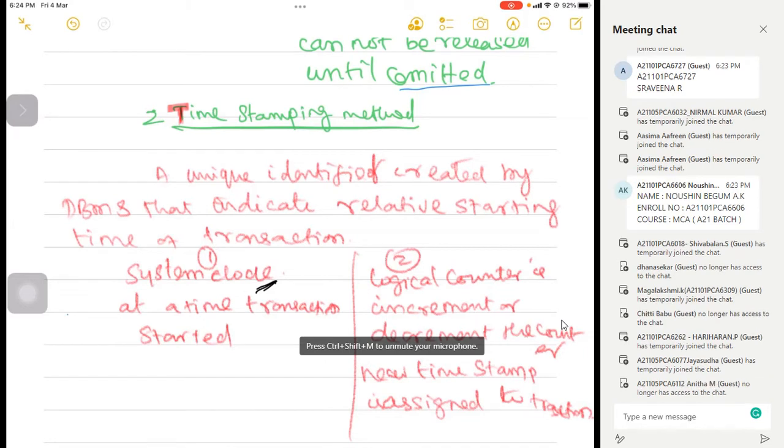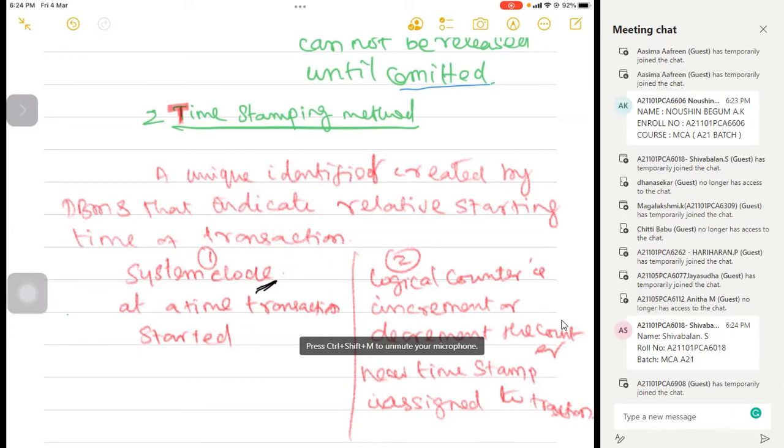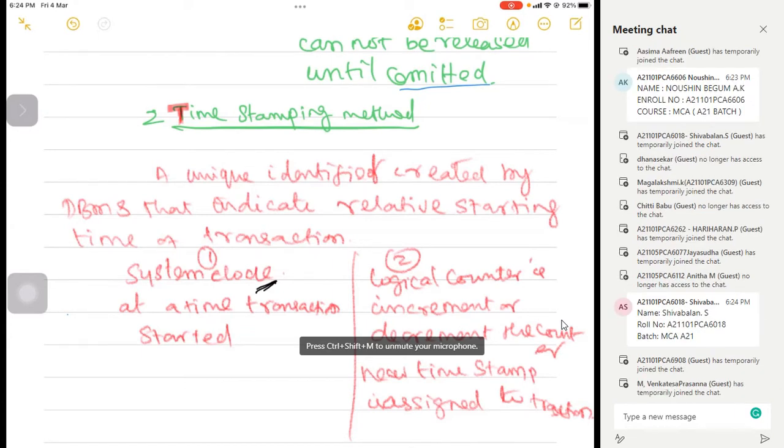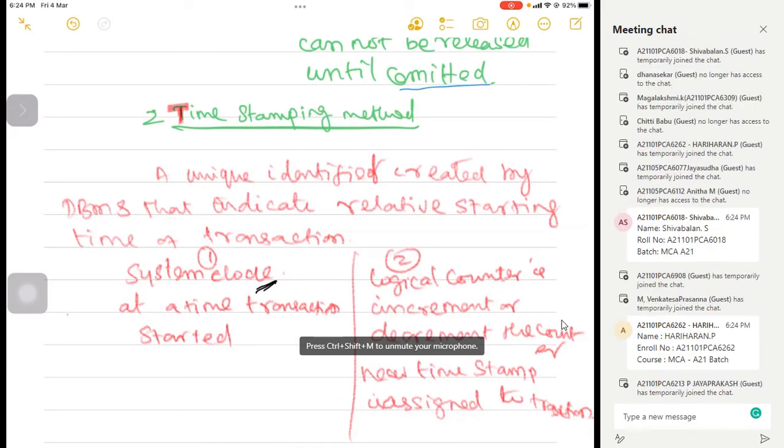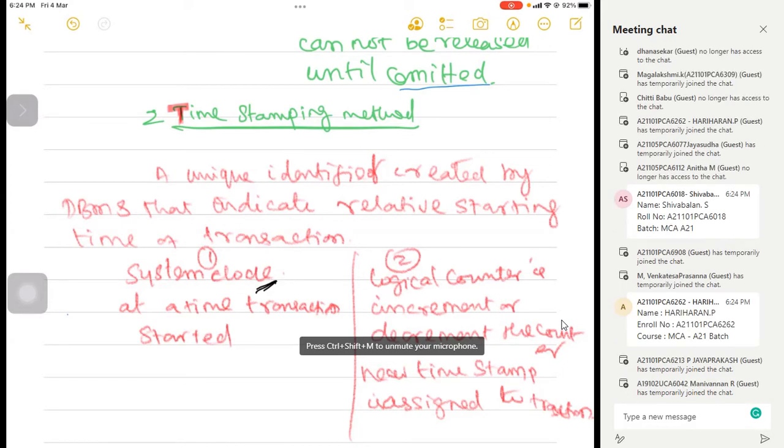Okay, a unique identifier. That is one identifier. Okay, so unique identifier which is created by the database management system that indicates a relative starting time of the transaction.